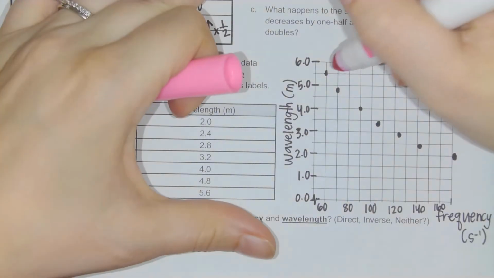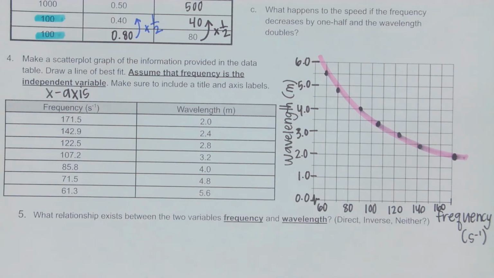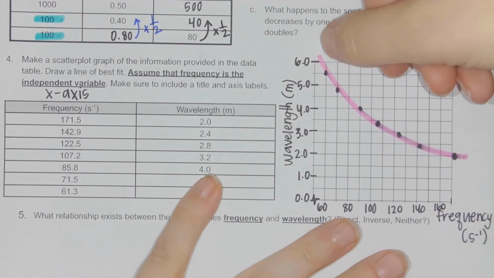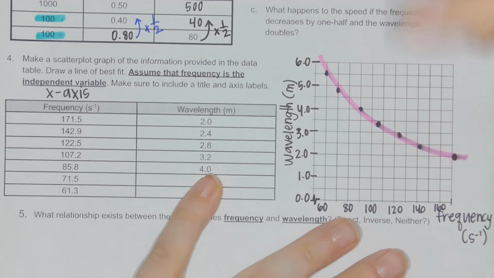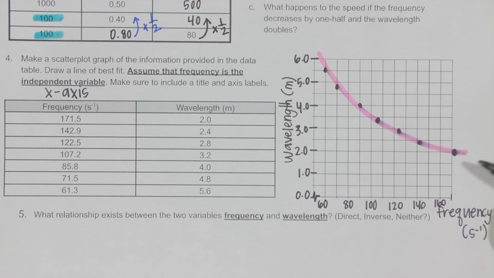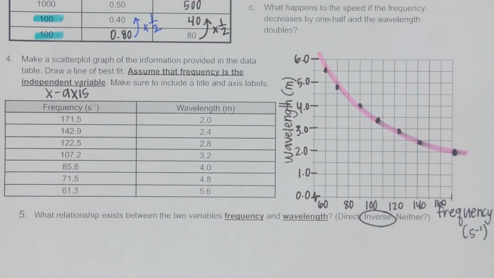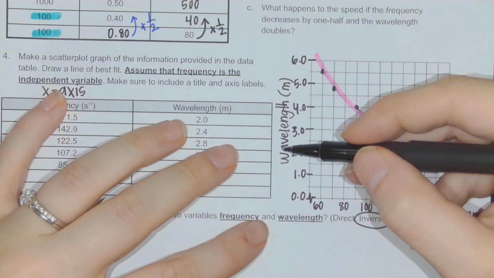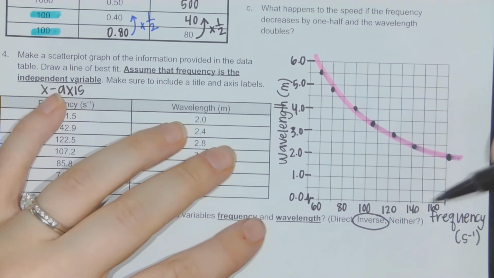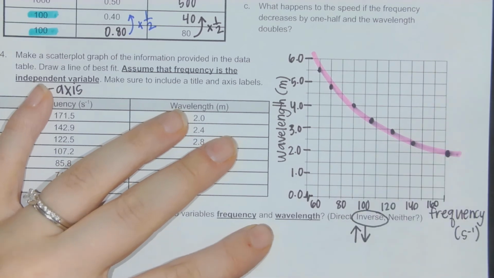Okay. Well, it looks like that's my line of best fit, kind of a curvy thing there. When we've got that downward curve, it means that we have an inverse relationship. When the wavelength is going up, the frequency is going down. They run opposites of each other.